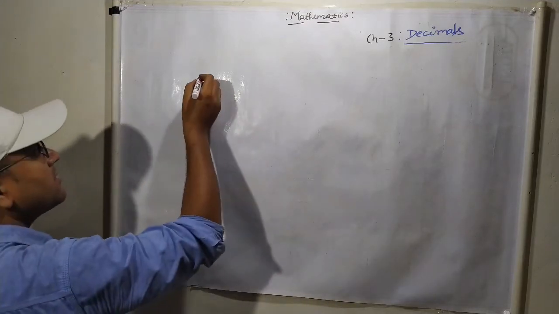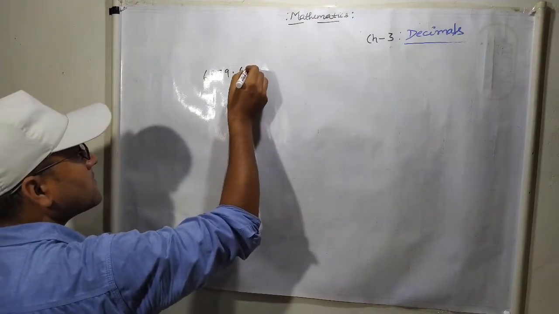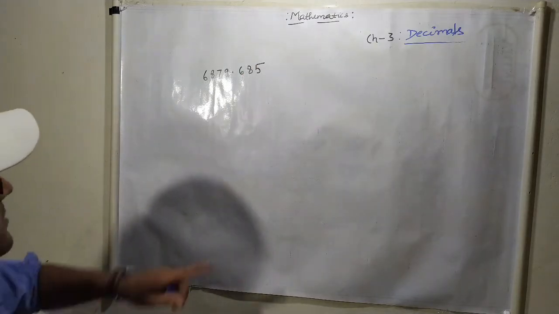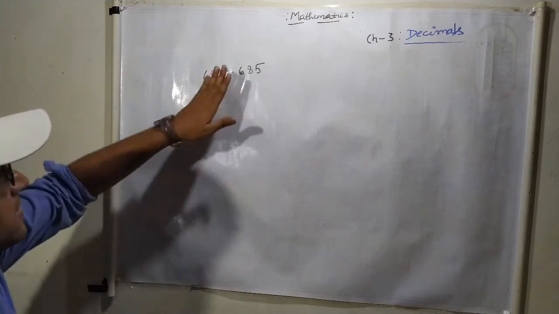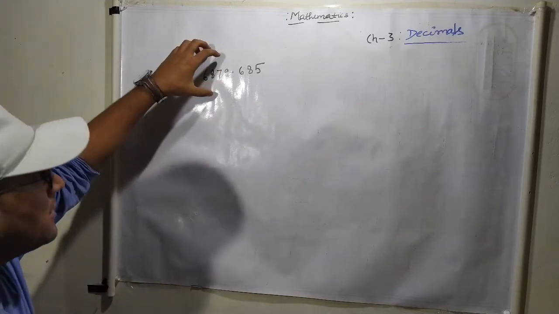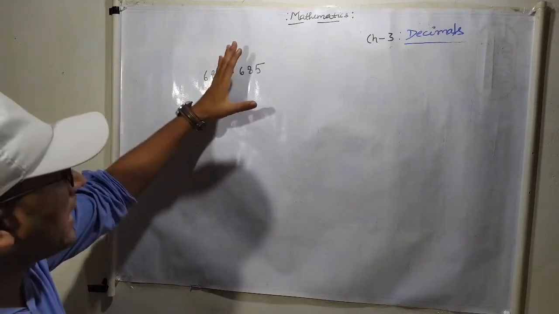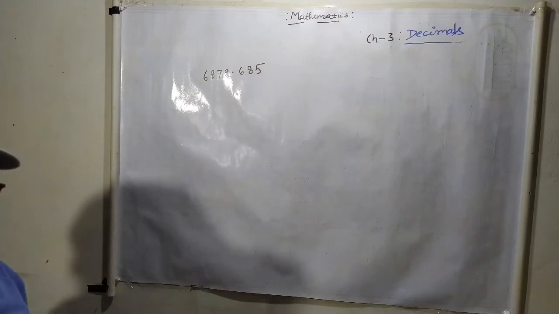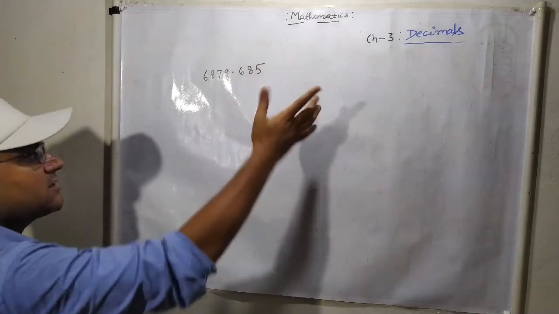Suppose I have taken a decimal number 6879.685. The integral part you will read according to its place value, and after this decimal point you will read the digits separately, 685.